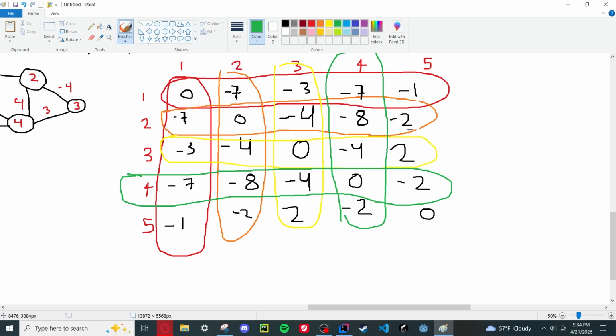Okay, let's run it. -8 plus -7 is -15. That's more negative, which means it's a smaller number, so let's change it. -4 plus -7 is -11.